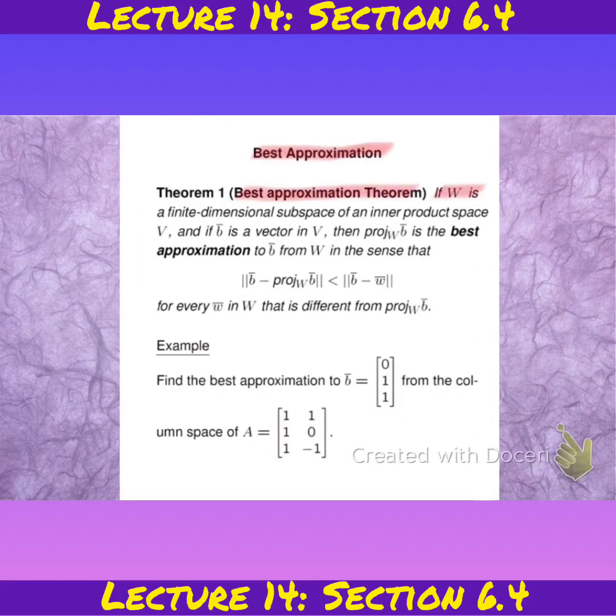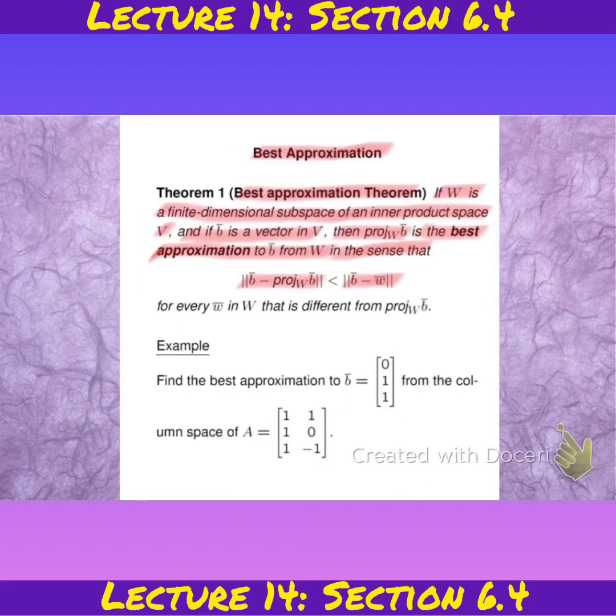If W is a finite dimensional subspace of an inner product space V, and b is a vector in V, then the orthogonal projection of b onto that subspace is the best approximation to b from the subspace W. What they mean by that is that if you take any vector w in the subspace, then the distance between b and w is always bigger than the distance between b and its orthogonal projection on the subspace.